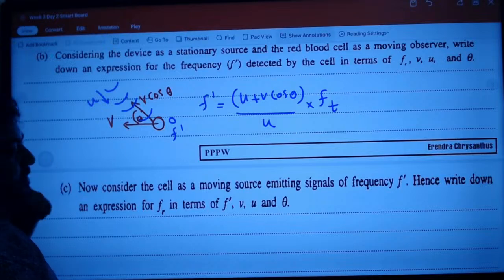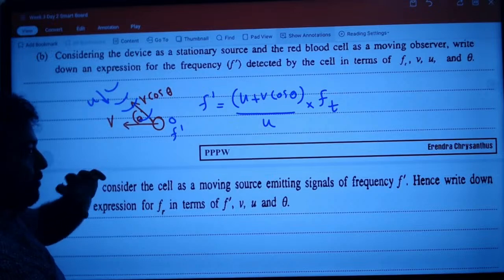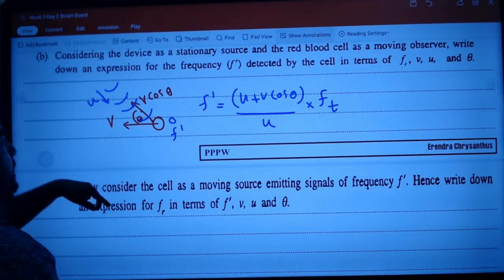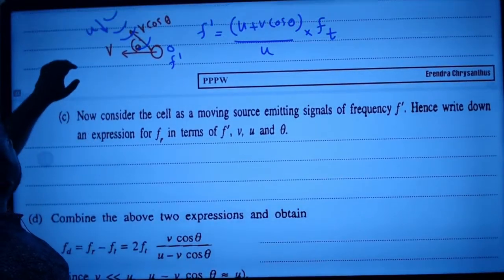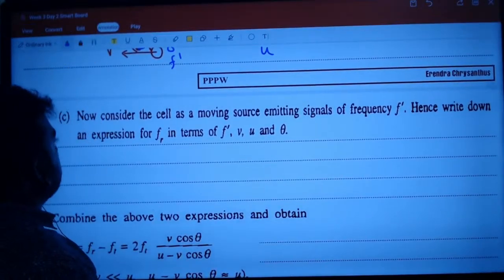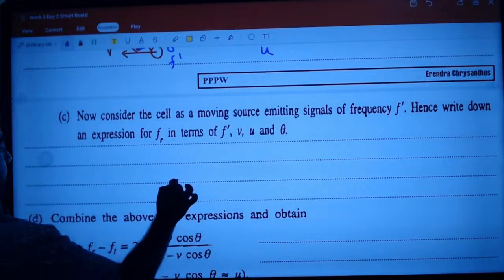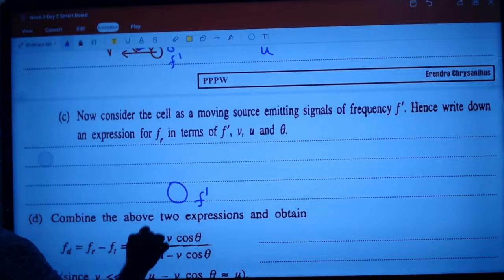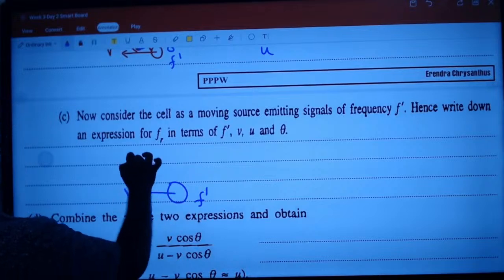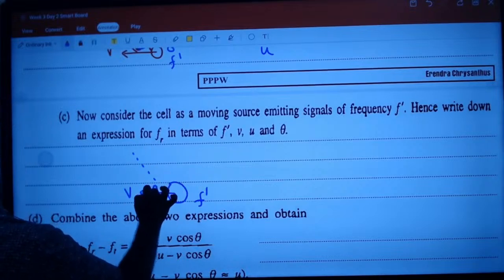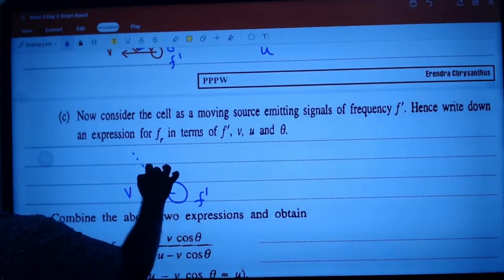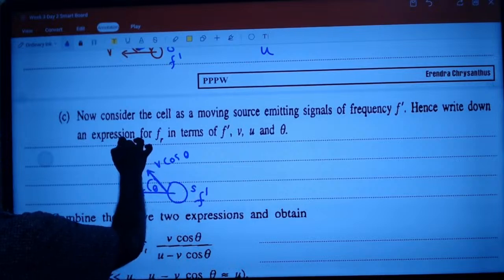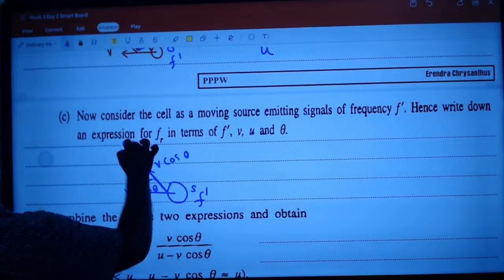Now consider the cell. I have taught this in the Doppler effect. Even when reflection occurs, the ball will act initially like a temporary observer, then like a temporary source. Simple. But let me draw this, very important. Now the cell will start reflecting whatever it got, f dash. Here there is a component V cos theta. Now this is the source, this is the observer.